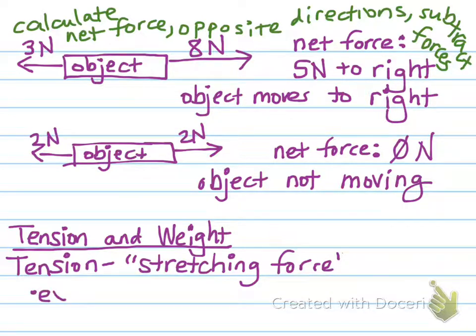An example of tension is a spring in a scale. We also have tension in ropes when we have something that's hanging by a rope. There's tension in the chains or the ropes of a swing, for example.